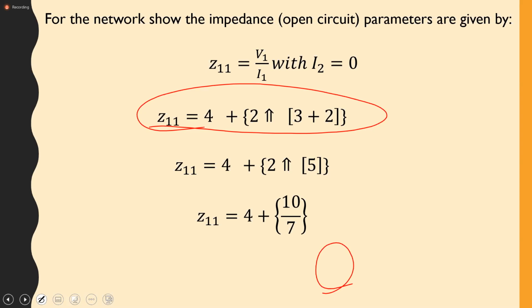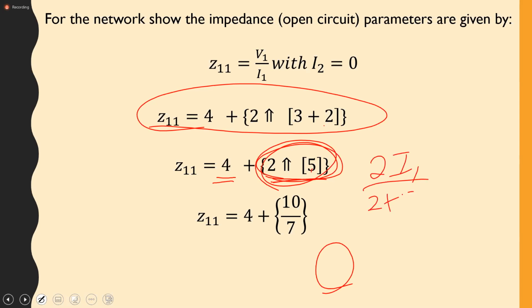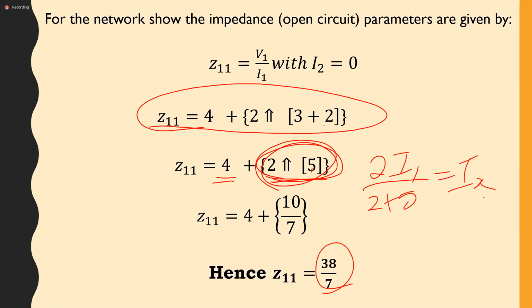This equation tells you everything. It tells you that 2 is in parallel with 5. So you know that the current that passes through the 4 goes directly to the 2 and the 5, which are in parallel. So the current division is between these two. IX would be the current through the 5 ohm. So it will be 2 times I1 over 2 plus 5. That's IX. All right? Okay.